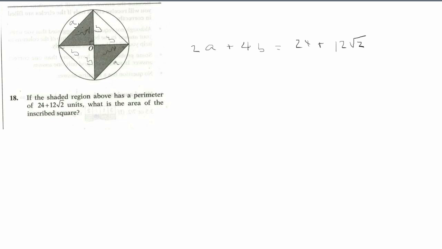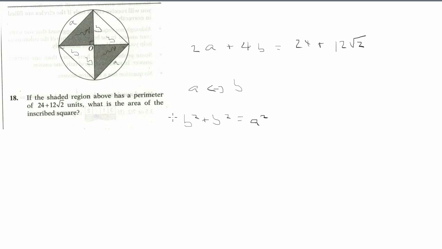Okay, so how can we relate a and b? A to b. This is a 45, 45, 90 triangle. Okay, so that means, well, if you don't remember the formula, as it's escaping me at the moment, I happen to know that b squared plus b squared equals a squared.